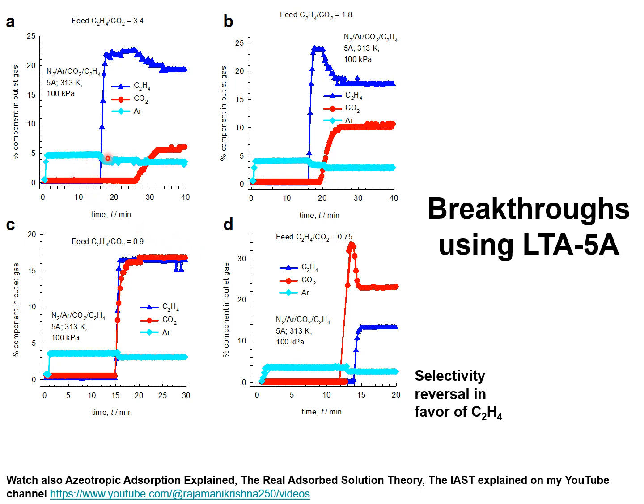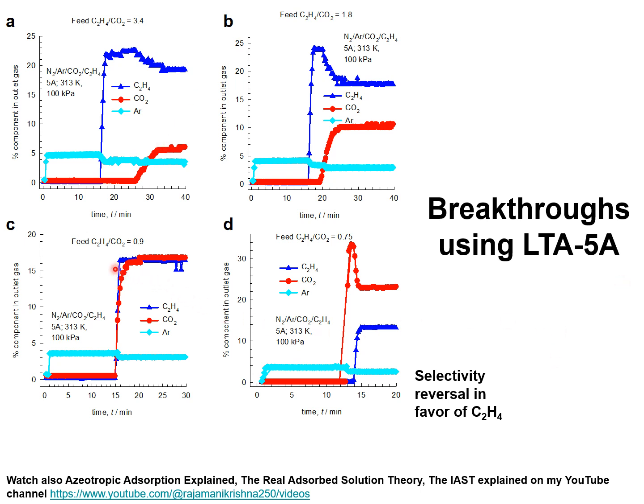For feed mixtures that are richer in ethene than CO2, the component that breaks through earlier is C2H4, indicating that the adsorbent LTA-5A zeolite is CO2 selective.